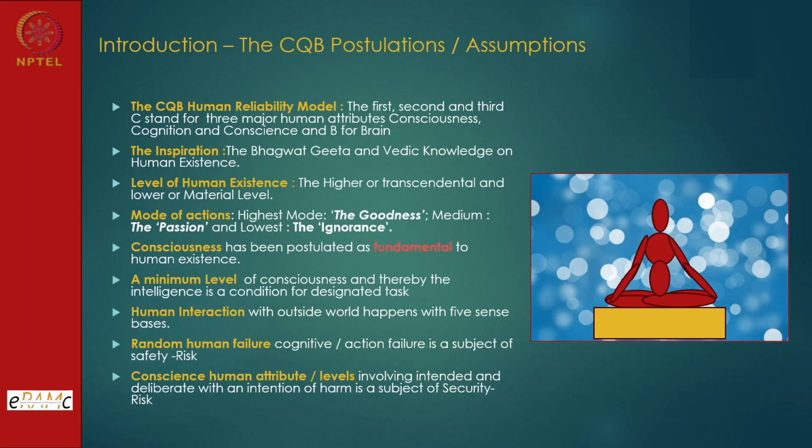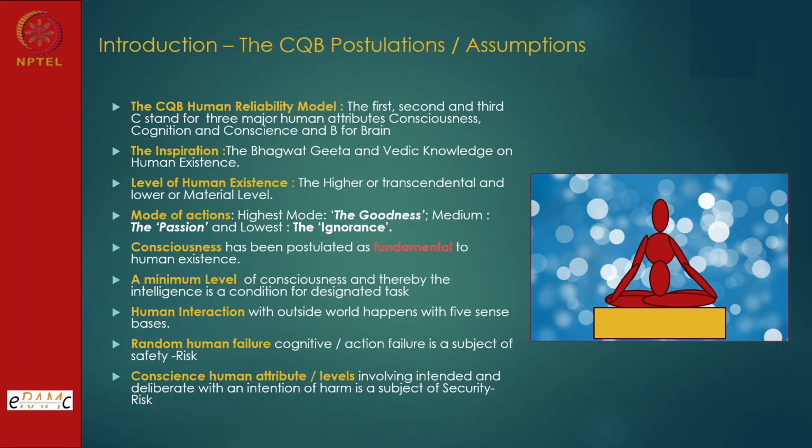And whatever knowledge is available in the purely scientific domain, we take input from there also. Because in human reliability methodology, till my knowledge goes, we are using symptoms of humans and their behavior. We do not have any human model per se actually. Even if it is there, it would be something elementary, line diagrams and all that. But when we talk about human reliability, we should have the human model also, and that is one of the major genesis of the CQB method.